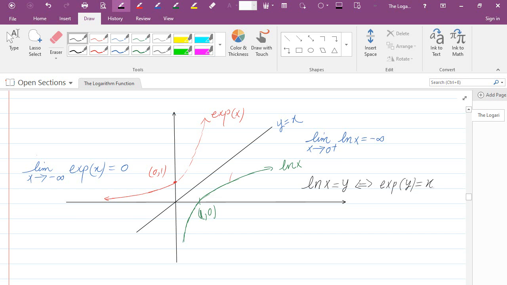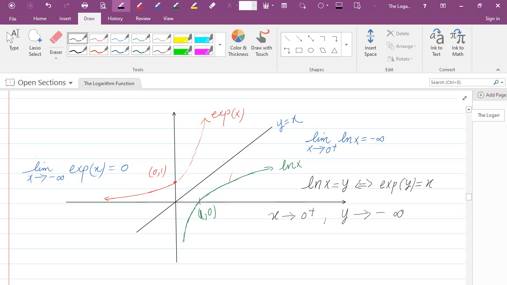So for this limit right here, what we are seeing is that as x goes to 0 from the right, ln of x goes to negative infinity, which we're denoting by y, so y goes to negative infinity.